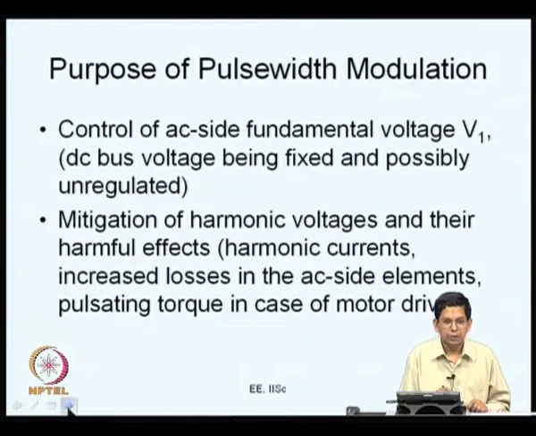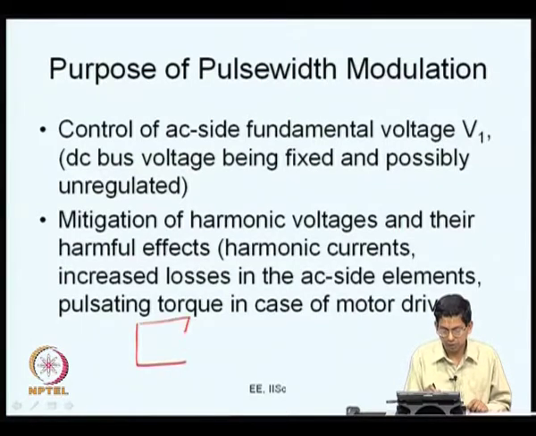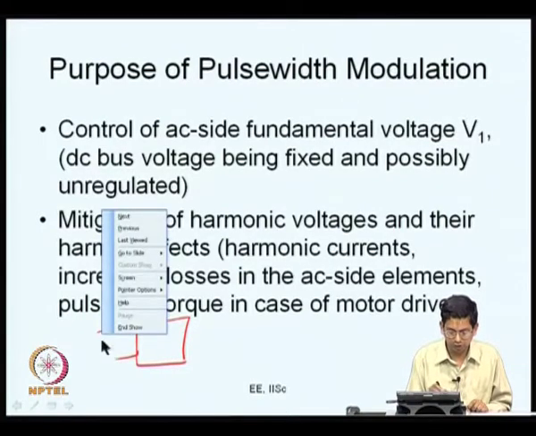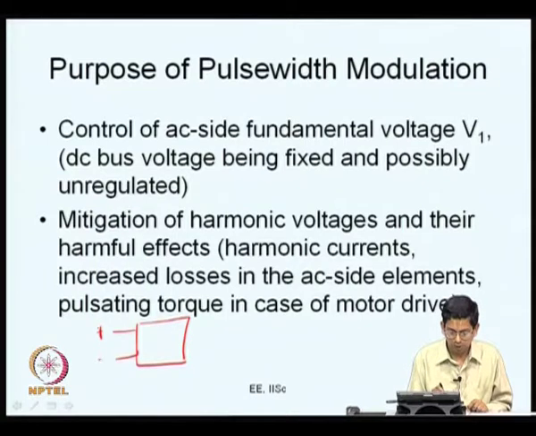In pulse width modulation, what we do is, you have a DC bus voltage and an inverter. Let me put an inverter like this. This inverter has certain DC voltage, and you need certain AC voltage here.